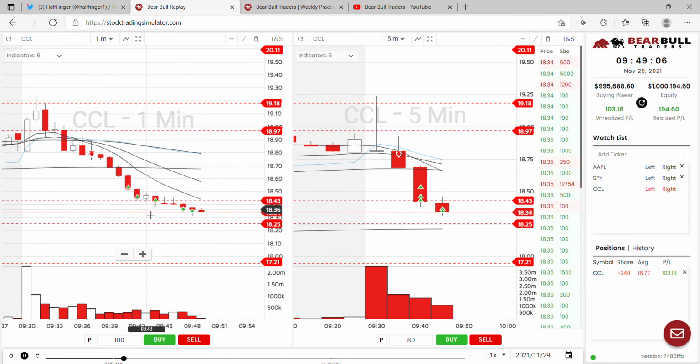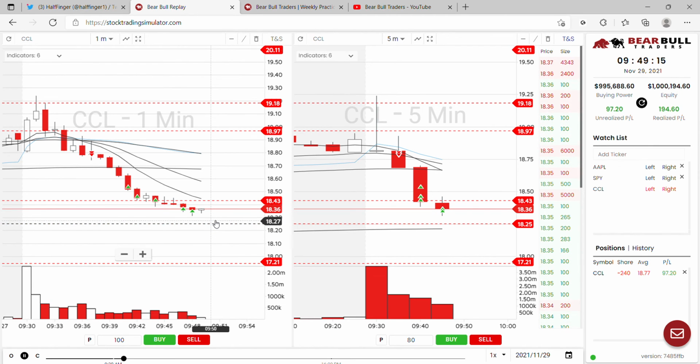So as you can see, we have no new 1-minute high here. It's just dropping, dropping, dropping. Let's see what happens here. We can get to the 1825 level.